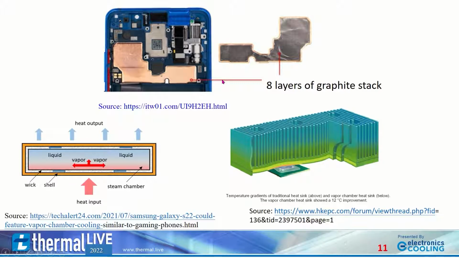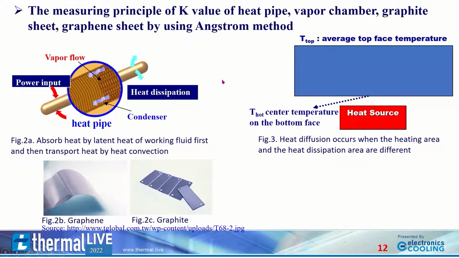Therefore, here we are going to give a detailed description of how to use the Angstrom method to measure the effective thermal diffusion K value of the vapor chamber. The thermal conductivity K value represents whether the material is a good heat conductor or not.